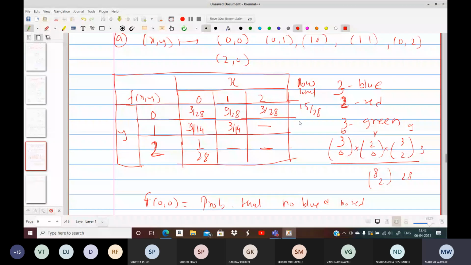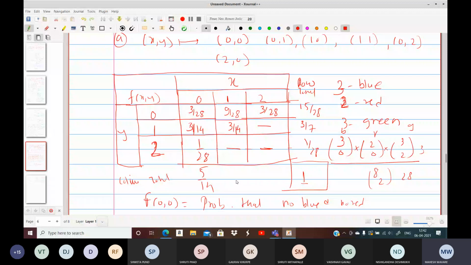Column total: 3 plus 6 is 9, 9 plus 1 is 10 upon 28, which means 5 upon 14. This is 15 upon 28, and it is 3 by 28. So this sum is also 1. Why am I writing these sums? You are checking the total probability.